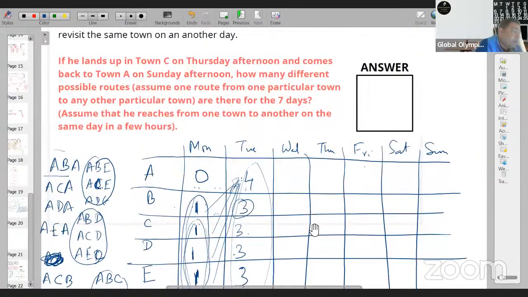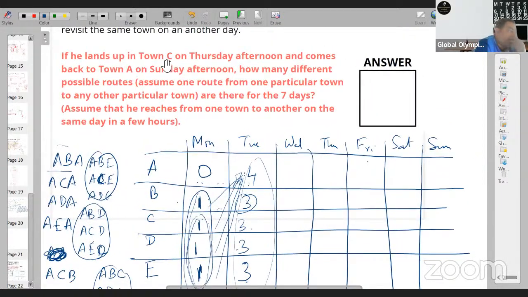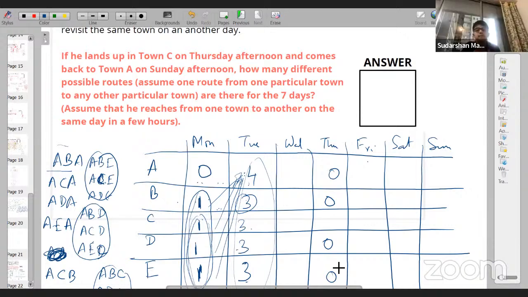The same fundamental we're going to use. Now there is one more thing: it says that on Thursday afternoon he comes to town C. So if he comes to town C for sure, then on Thursday afternoon he was not in any of the other cities. That is a condition of the question, which means you put a 0 in all of the rest. Understood? Yes, sir.